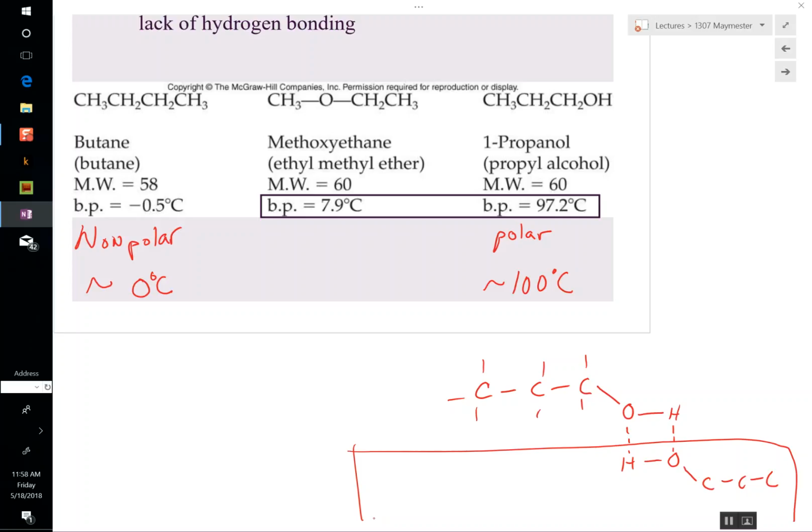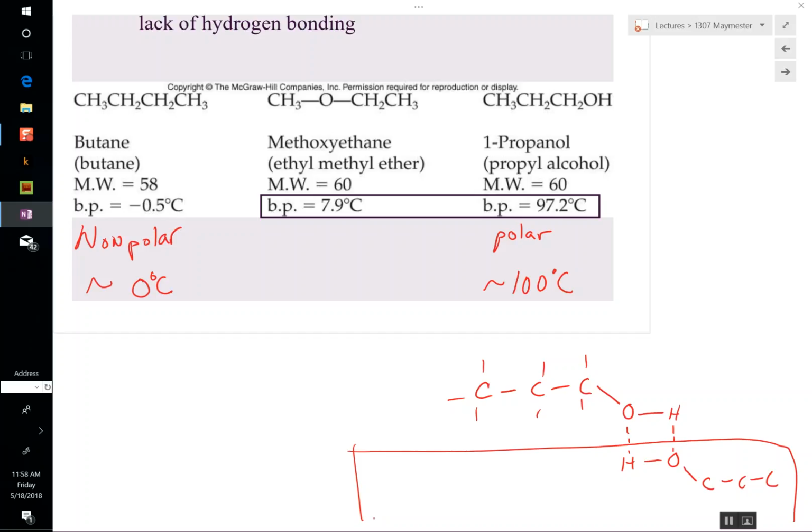You need energy to break that attraction. Where does that energy come from? As you get to higher temperatures, you get more energy. So you've got to get up 100 degrees higher.